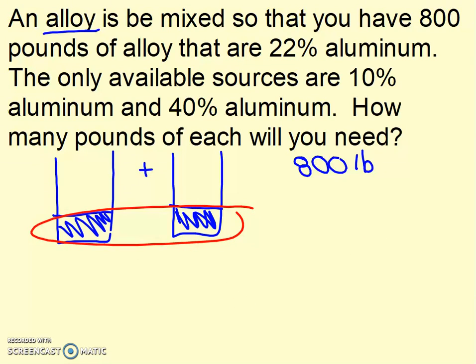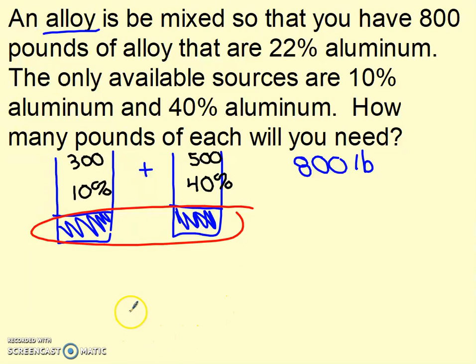So oftentimes I recommend to people try guessing first. Maybe it's 300 of one and 500 of the other, but then you'd have to figure out how much aluminum is in there. This one is 10% aluminum, and this one's 40% aluminum.